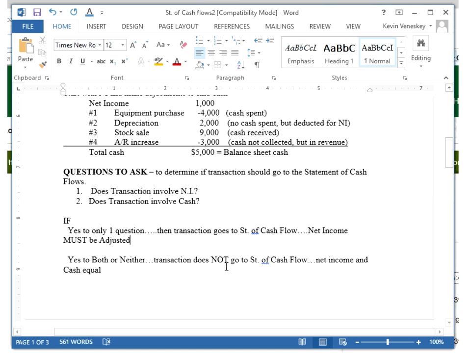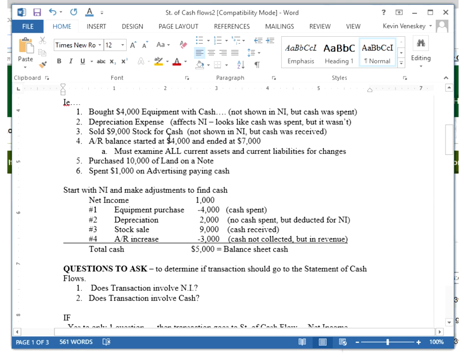You need to adjust that beginning net income figure. If you answered yes to both or neither, then your transaction does not need to go to the statement of cash flows. Net income did accurately portray what happened to cash.